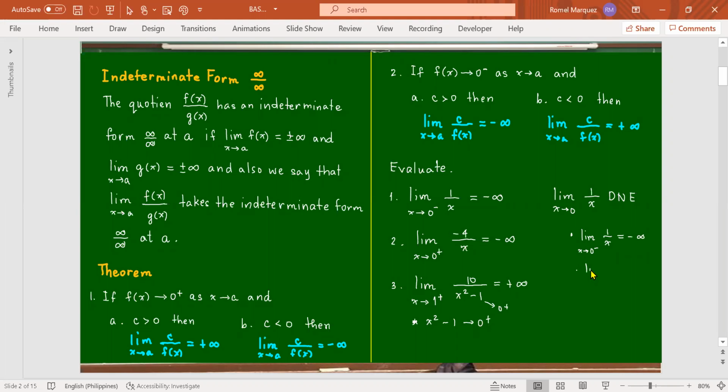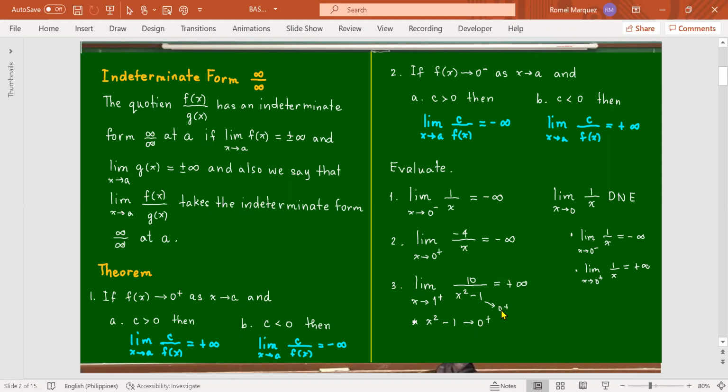The limit from the right is positive infinity. Therefore, they don't have the same direction. So we simply write this: the limit of 1 over x as x approaches 0 does not exist.